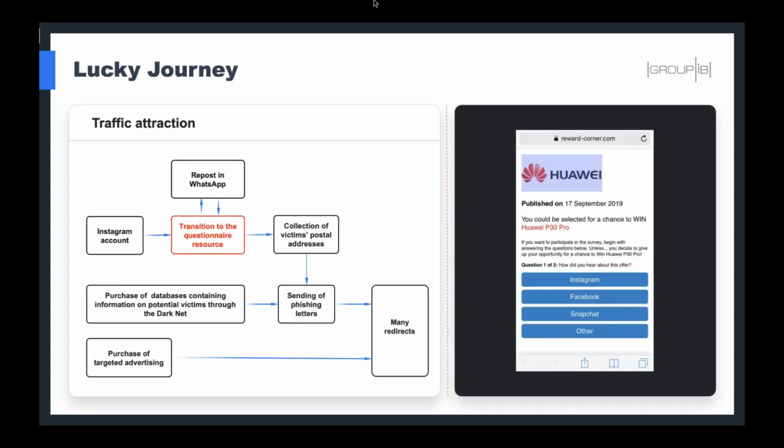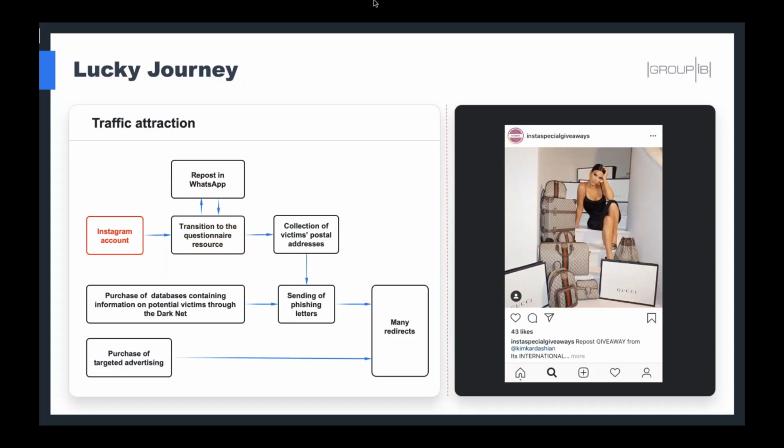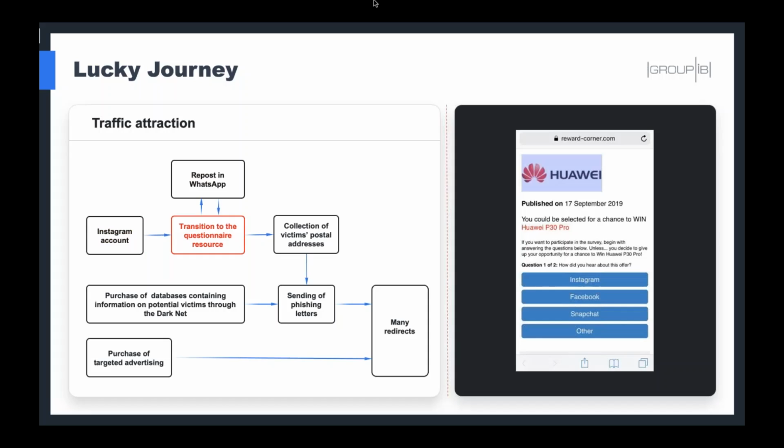After using this traffic attraction, the bad guy inserts a link to a survey. Sometimes it is inserted into the post, sometimes it is mentioned in the first comment below the picture. It doesn't matter how, but he mentions this link, and people are coming to this end portal.